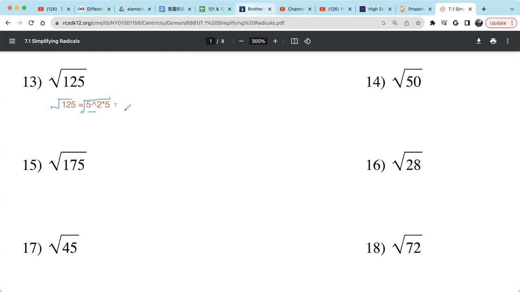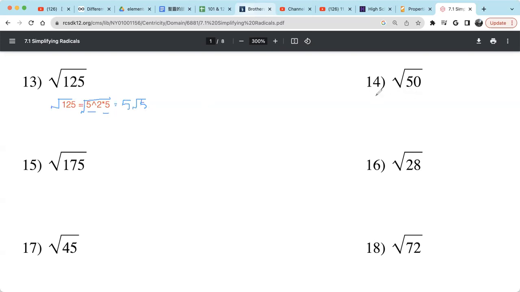Now the square root of 5 squared becomes 5. I still have another 5 under the square root sign. So square root of 125 equals 5 times square root of 5.